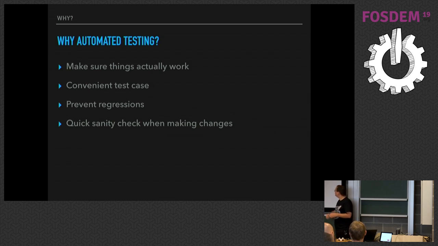Regressions are a thing that happens. I've got some examples later on. Actually on the next slide, but that's later. It's also really nice when you're doing development. I recently did some work on PF Sync, and it's really nice that you can run some tests and have an idea that, I may have broken it, but at least the breakage will be subtle and it'll take a while for people to notice.